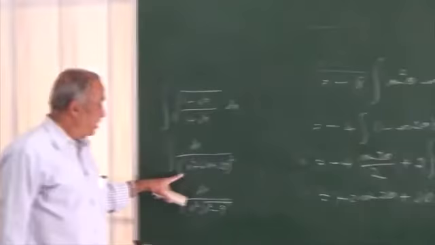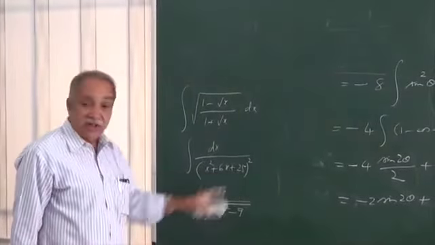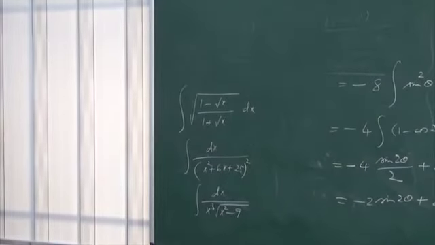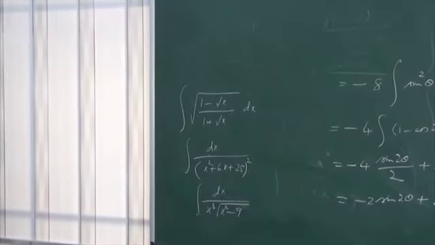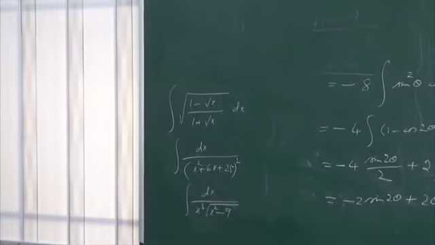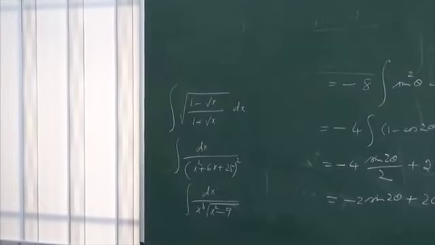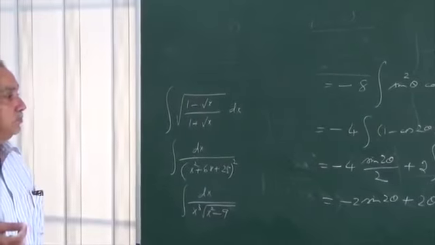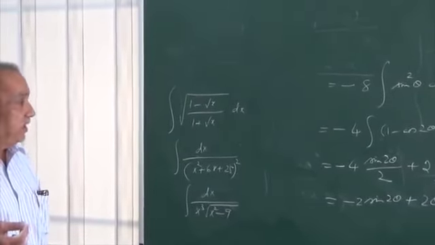Next situation, integral dx by x square plus 6x plus 25 whole square. Any idea? Any help?